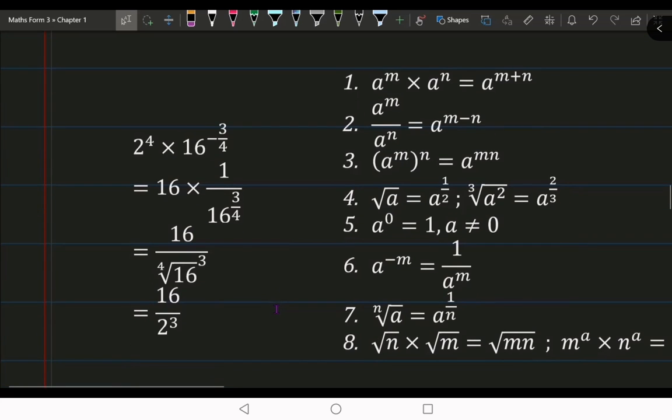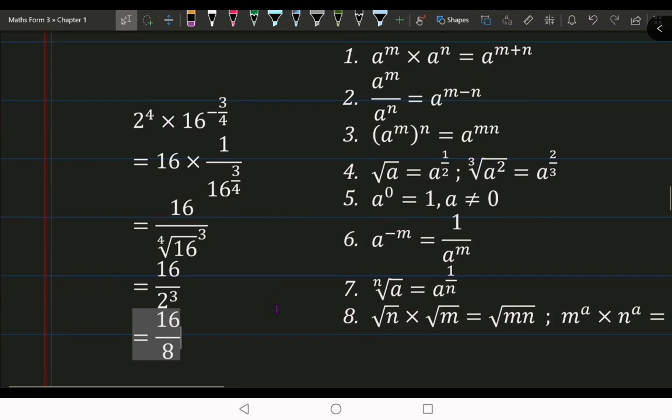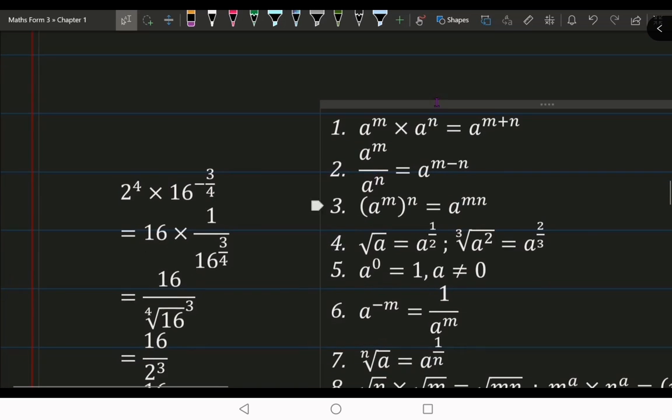So what does that mean? You will get the answer 16 divided by 2 to the 3, which is 8. So the answer will be 2 only. That's what it means here. Not easy for you to understand, huh?